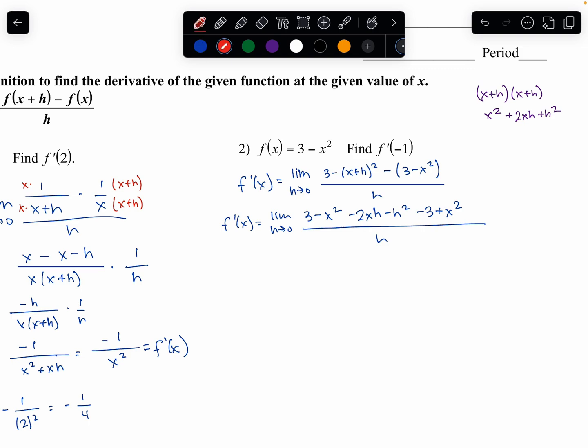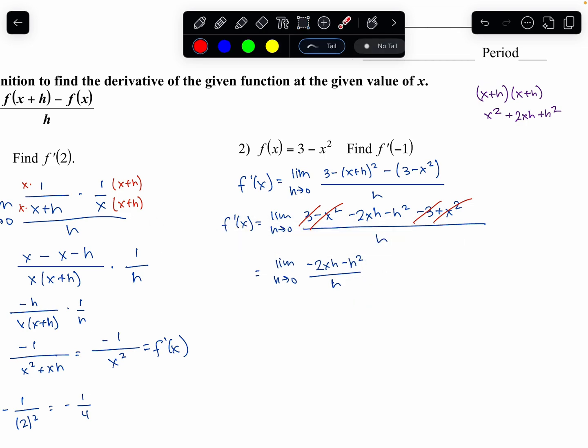Okay, and now on the numerator, I have a positive 3, I have a negative 3, I have a negative x squared, I have a positive x squared. So then I have the limit as h approaches 0 of negative 2xh minus h squared over h.